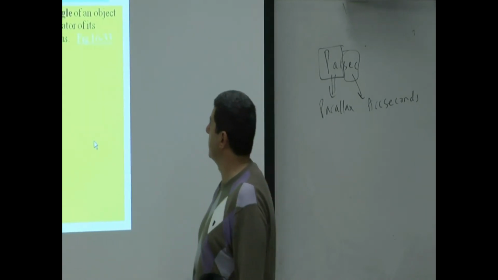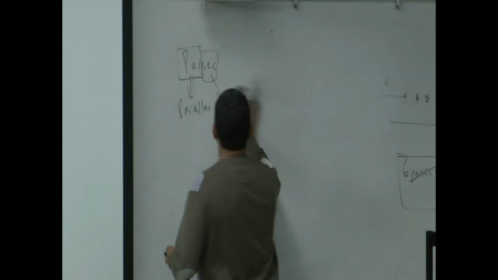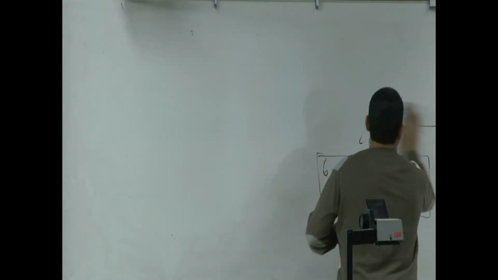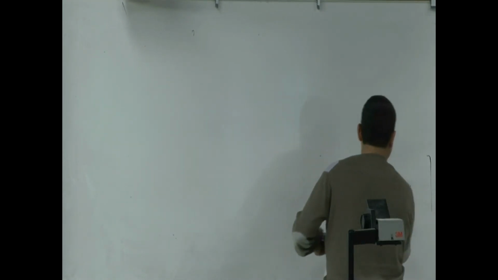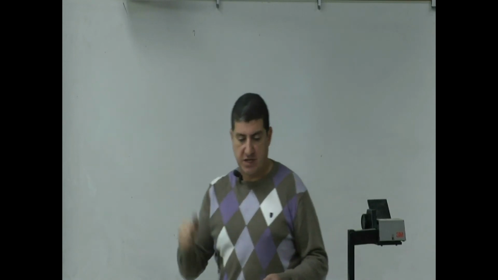So the parallax angle of an object is a good indicator of its distance from us. If an object is close to us, remember the shift is bigger. If the object is far from us, the shift is smaller.